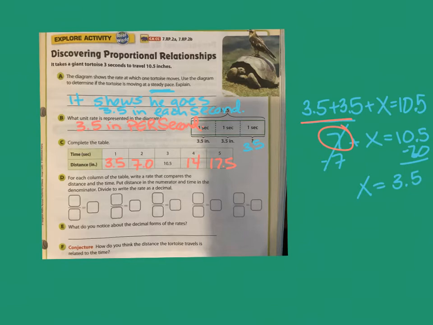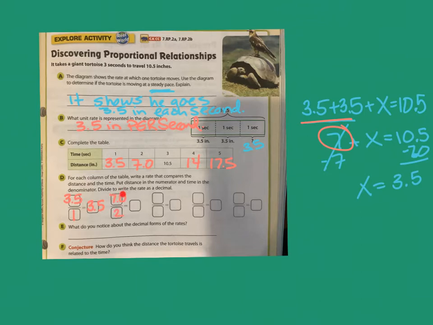For each column of the table, they want us to write a rate that compares the distance and the time. So distance compared to time. So we're going to put 3.5 over 1. 3.5 distance compared to time is 3.5. On this one, 7.0 compared to time of 2.